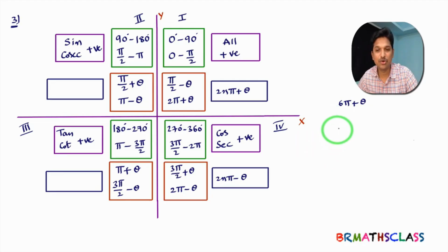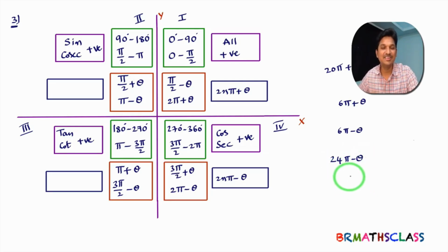It lies in first quadrant. 6 pi minus theta lies in which quadrant? It lies in fourth quadrant. Even number 20 pi plus theta lies in which quadrant? First quadrant. 24 pi minus theta, even number into pi minus theta lies in fourth quadrant. So even number into pi plus theta, first quadrant. Even number into pi minus theta, fourth quadrant.